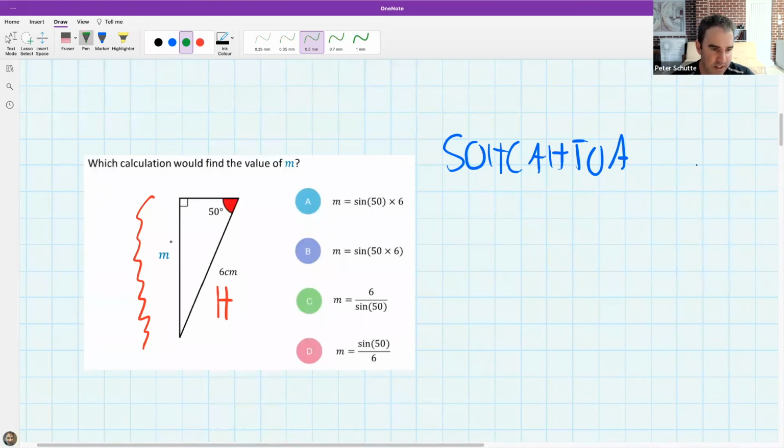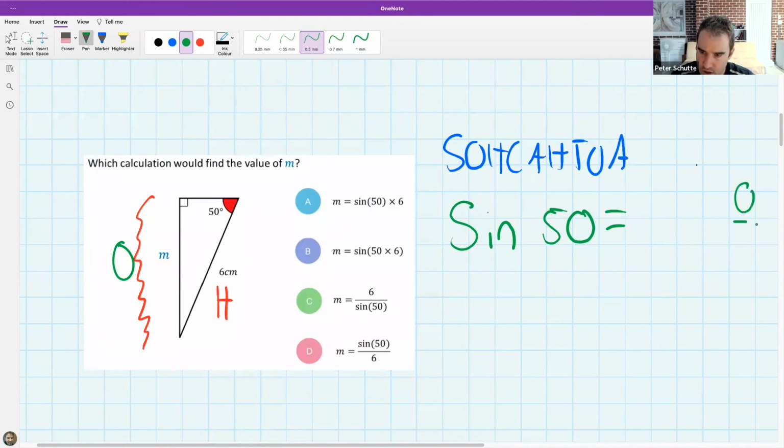I was thinking that this is called the O, the opposite, and this is the H. So the trig ratio that's involved is going to be sine, and the angle is 50. So the sine of 50 is equal to O over H, or in this scenario, it's M over 6.